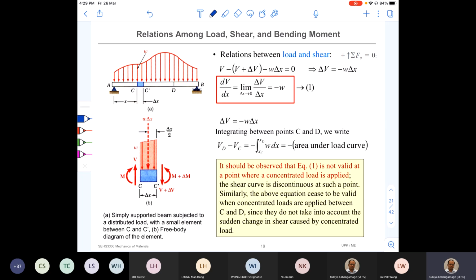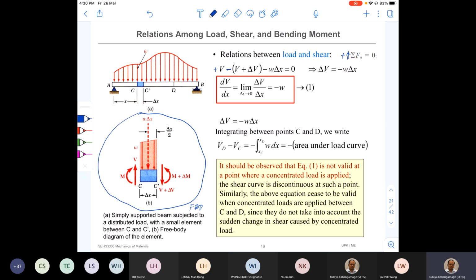I'm going to take the sum of forces in Y direction for the free body diagram, the same one, just transferred here. So by looking at the FBD, you can now say that shear force V is in the positive direction, therefore it is positive V, and V plus delta V is in the negative direction, negative.